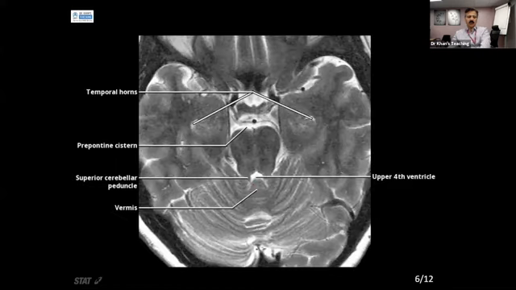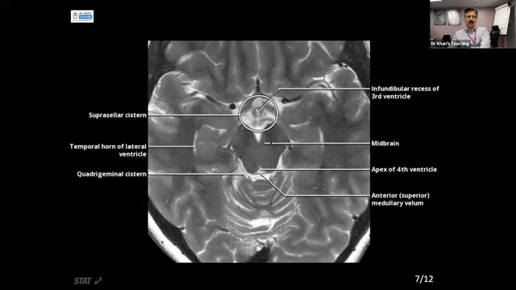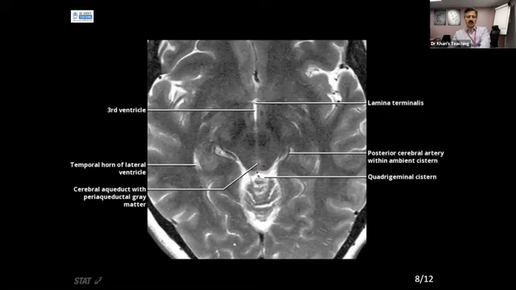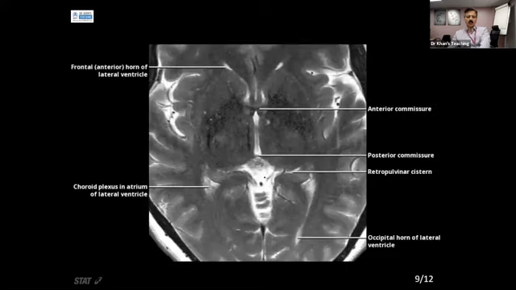So we are coming superior to the level of the pons, and here we are. Now this is the interpeduncular cistern and the suprasellar cistern, and this thing is of course the ambient cistern, and this is quadrigeminal cistern. Quadrigeminal cistern is still there. We go all more superiorly. So this is thalamus, and this is the third ventricle.